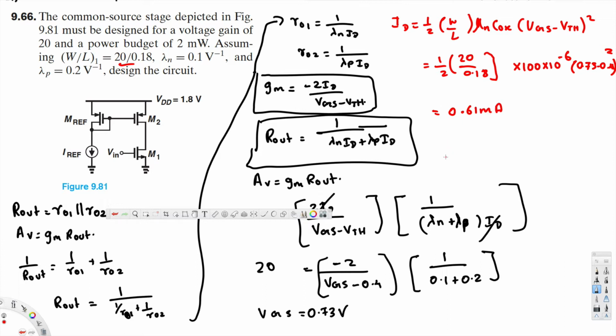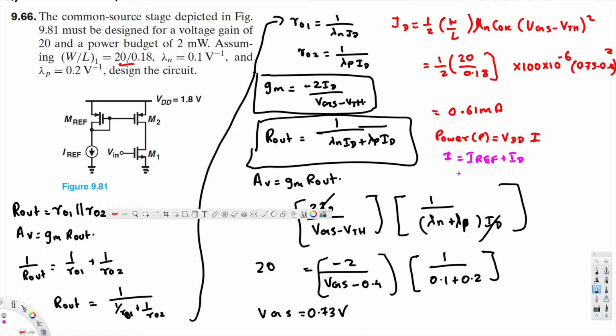Now the next thing is we are going to find out the power. Power P is equal to VDD times I. I is basically, let's write the equation for I: I is equivalent to I ref plus ID.